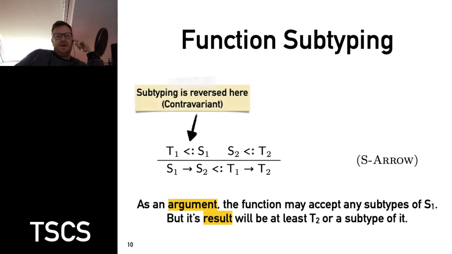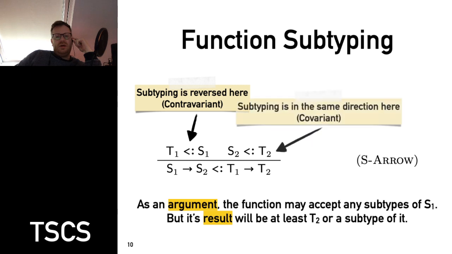And the subtyping is in the same direction here for the output type, which is called covariant. This is something you sometimes find in language definitions, especially for newer languages, when they talk about covariant and contravariant parameter definitions.